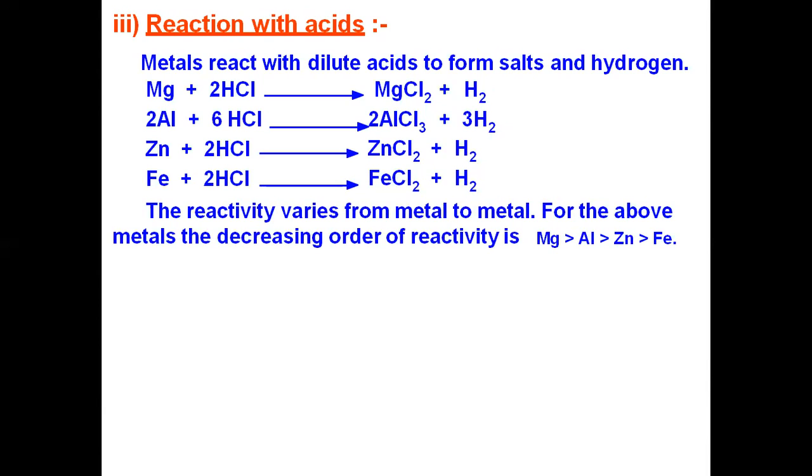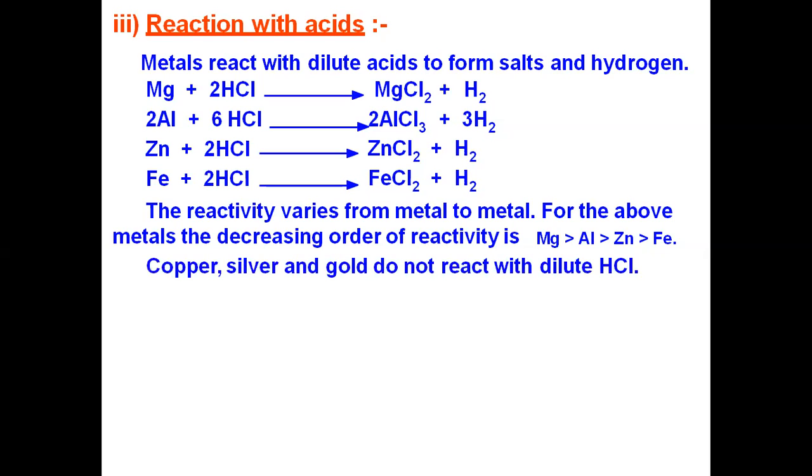This means magnesium has more tendency to liberate hydrogen gas from acid, whereas iron has less tendency. Okay, the next thing is that copper, silver and gold do not react with dilute HCl. They are noble metals which do not react with dilute hydrochloric acid.